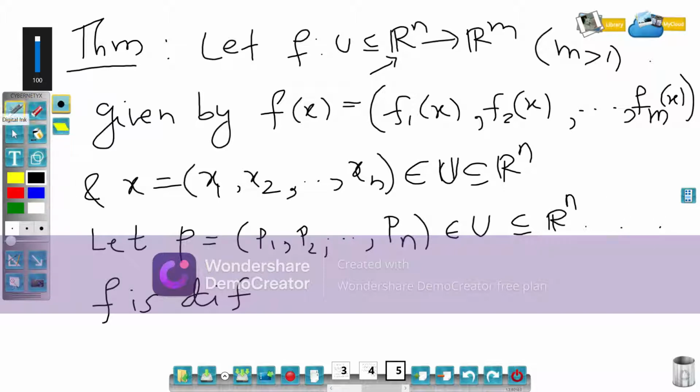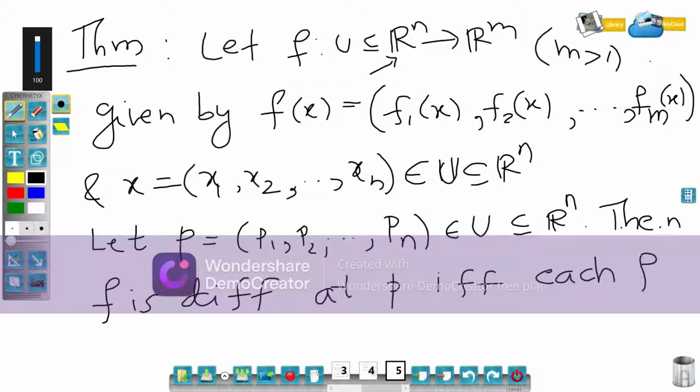Then f is differentiable at p if and only if each fi is differentiable at p.